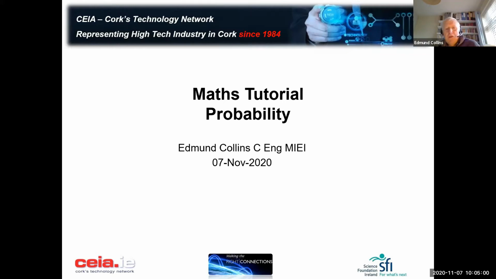Now, I'll have to be honest and say that this topic probably wouldn't be the favorite one for engineers anyway. Some of my colleagues and friends who are engineers, their eyes roll a bit when we talk about probability. But it is a very important topic, and as you'll see, it has some wide applications.